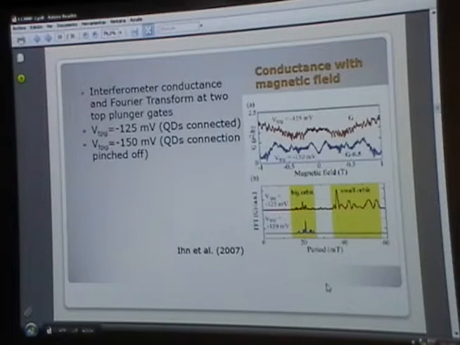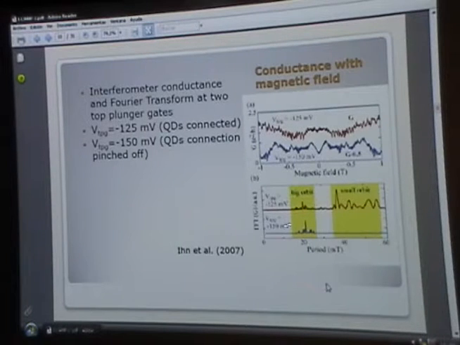This difference in the bias voltage applied on the top gates means you can open or close the connection between the two quantum dots. When you have this 125, the quantum dots are connected, so you have a real artificial molecule, and when you have this voltage, the quantum dots are isolated. So you can open or close this channel between the two dots.